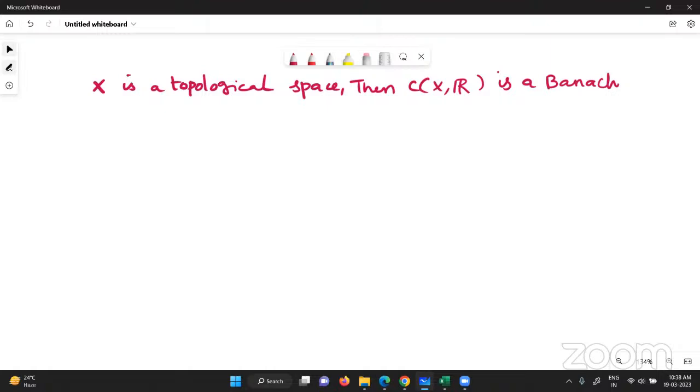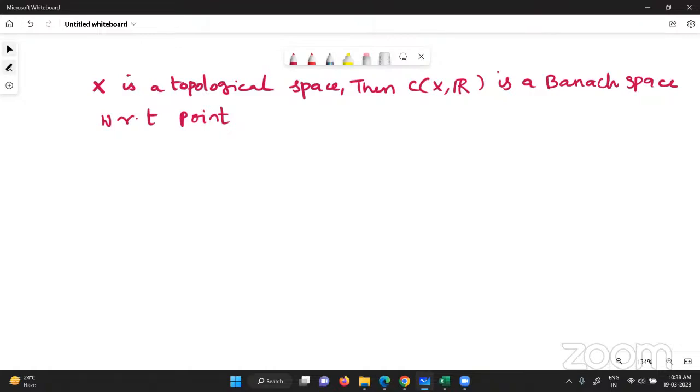X is a topological space, then C(X,R) is a Banach space with respect to point-wise addition. That means (f plus g)(x) equals f(x) plus g(x), (fg)(x) equals f(x) into g(x), and (alpha f)(x) equals alpha into f(x).